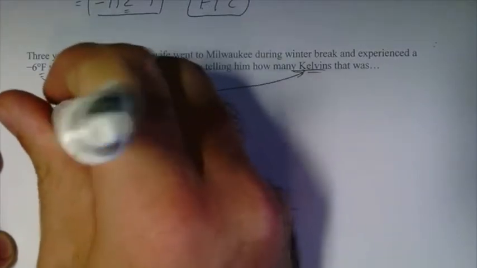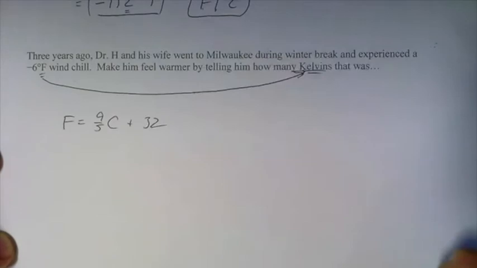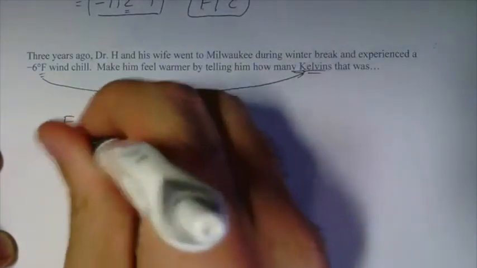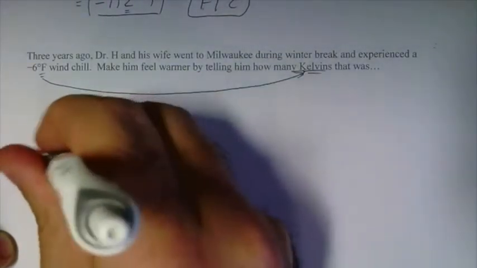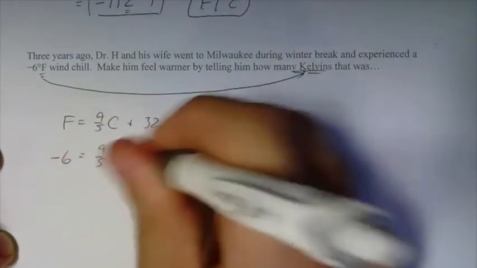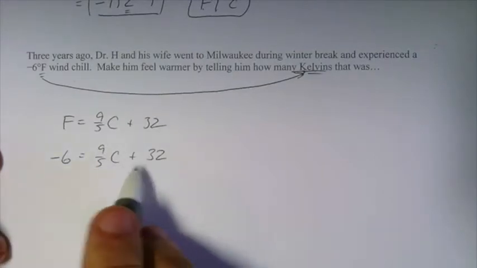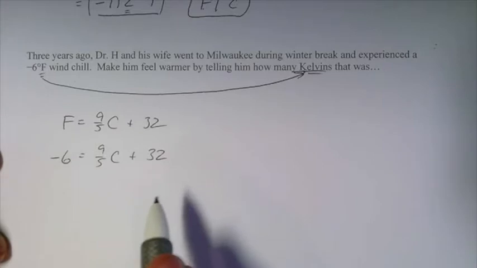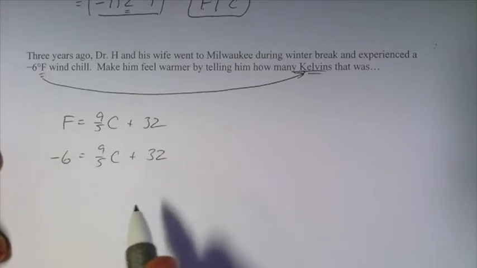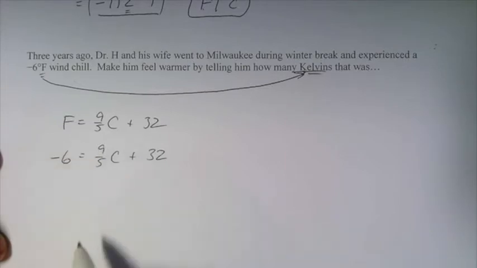We start off again with Fahrenheit equals 9/5 Celsius plus 32. In this case, the temperature I know is the Fahrenheit one. It's negative 6. And unlike the first one where I just did some evaluation, this time I actually have to solve for my Celsius temperature. So first thing will be, anytime you're solving an algebraic equation, you untie it like a knot. You take the last thing that was done to this C and you undo it first.